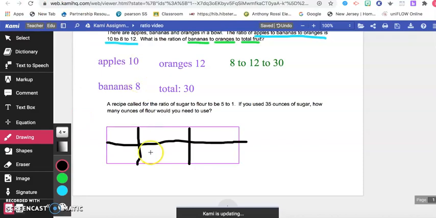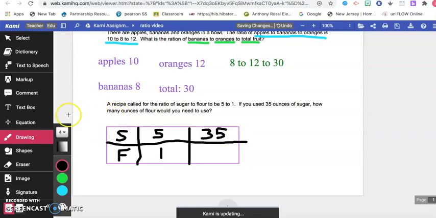Okay, so here's my chart. I drew it off camera. I want to know, if I use 35 ounces of sugar, how much flour I'm going to need. So in my chart, I'm going to have sugar and flour. I know that the ratio of sugar to flour is 5 to 1. And I'm looking to find how much flour I need when I use 35 ounces of sugar.